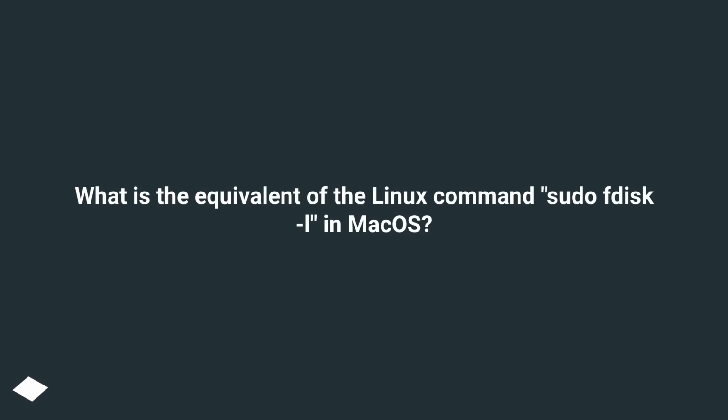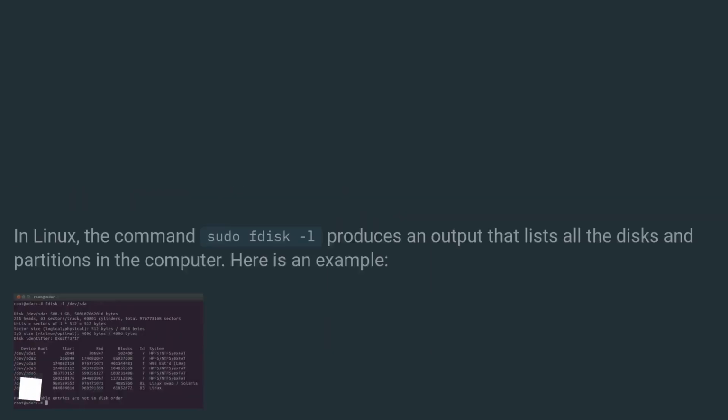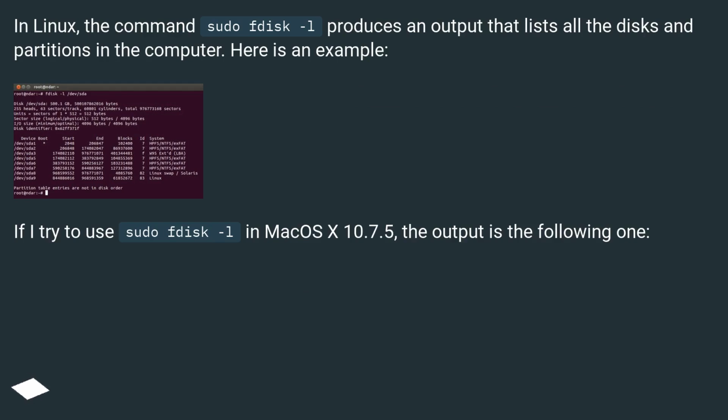What is the equivalent of the Linux command sudo fdisk -l in macOS? In Linux, the command sudo fdisk -l produces an output that lists all the disks and partitions in the computer. Here is an example. If I try to use sudo fdisk -l in Mac OS X 10.7.5, the output is the following one.